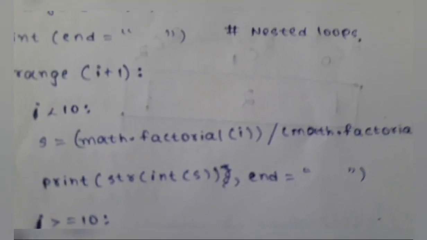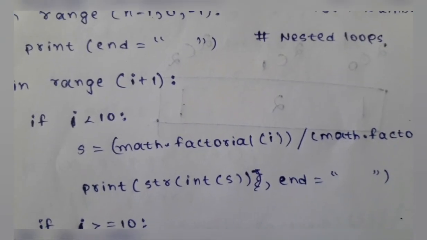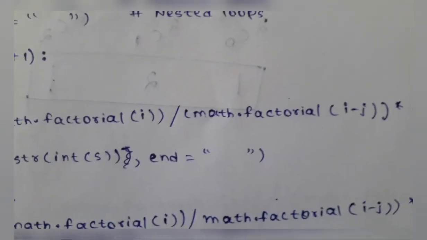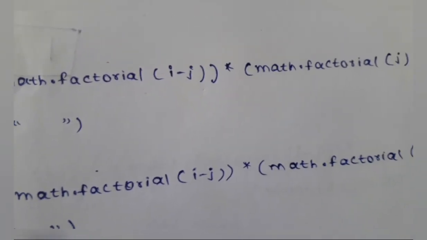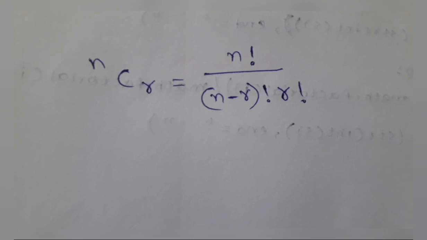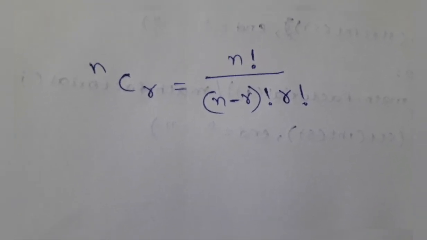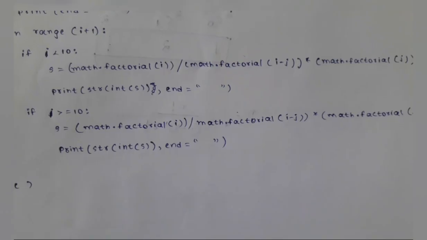The algorithm is factorial of i divided by factorial of i minus j into factorial of j. So it is similar to the formula nCr equals n factorial by n minus r factorial into r factorial.